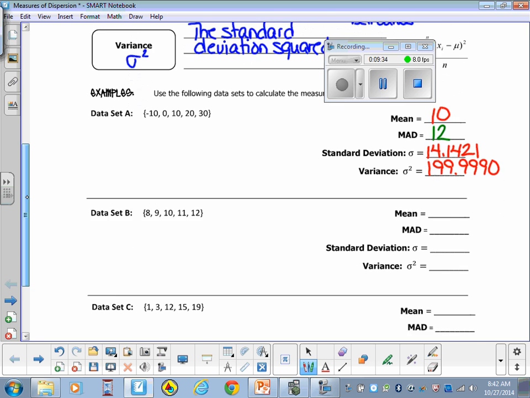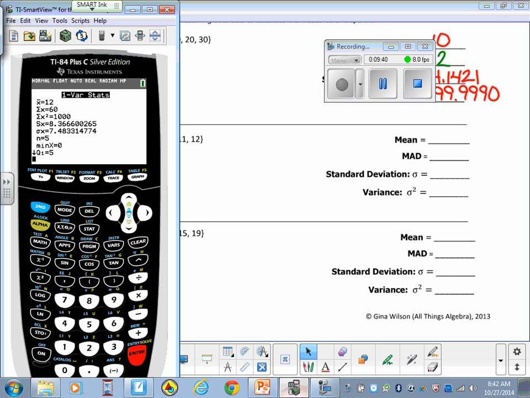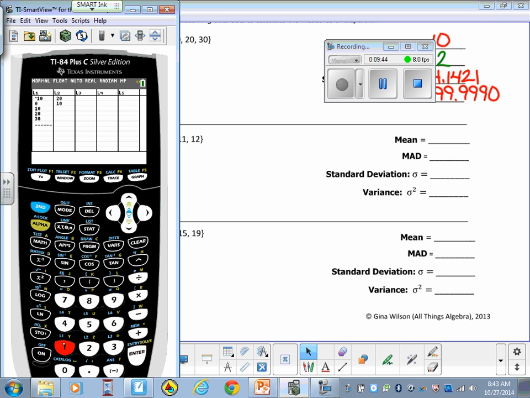Let's try another set. Set B. Alrighty. Stat, edit, arrow to the top, press clear and enter, and that deletes out all of your data values. There we go. For set B: 8, 9, 10, 11, 12.